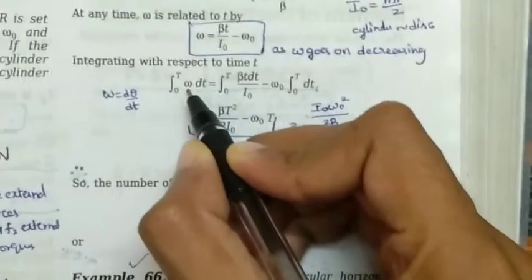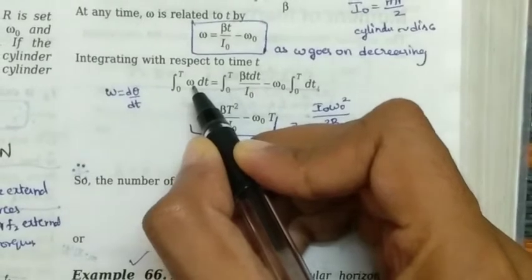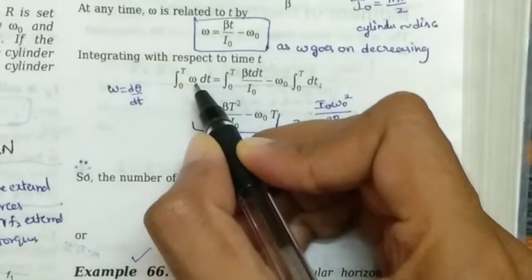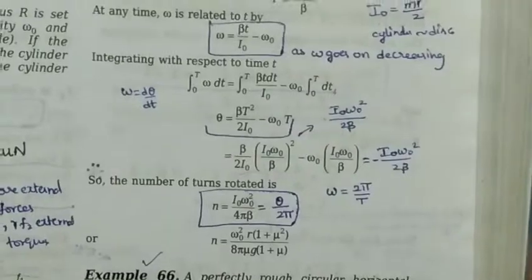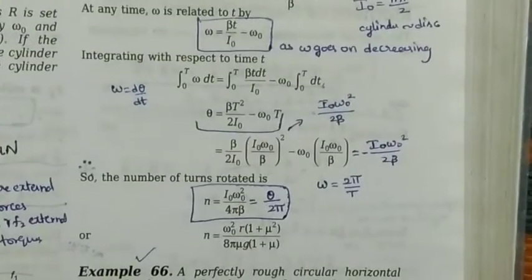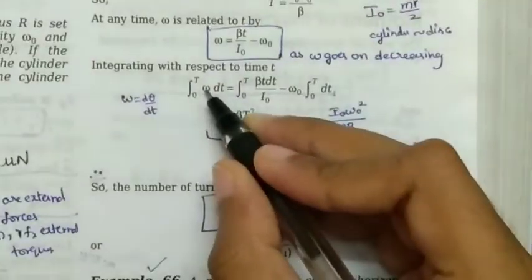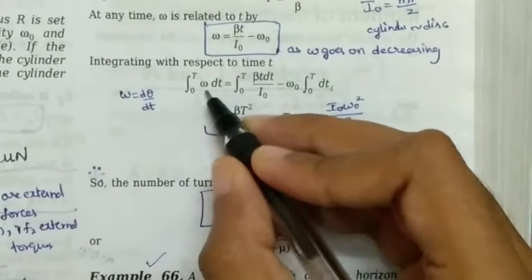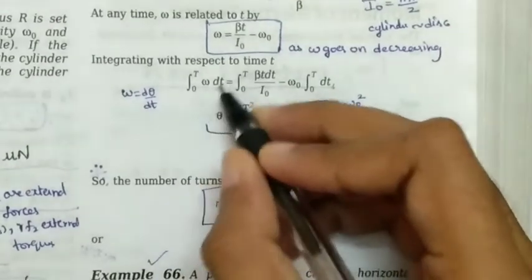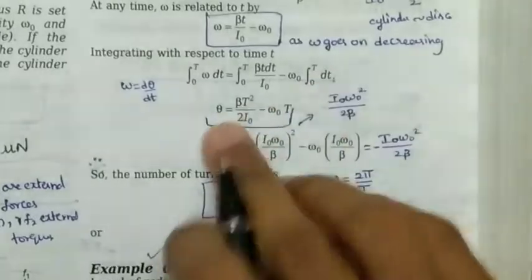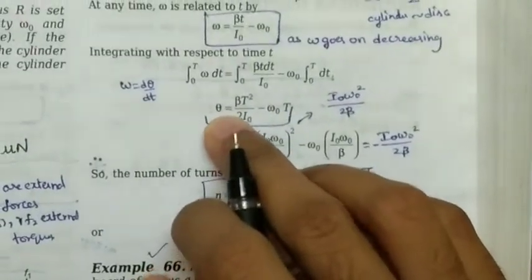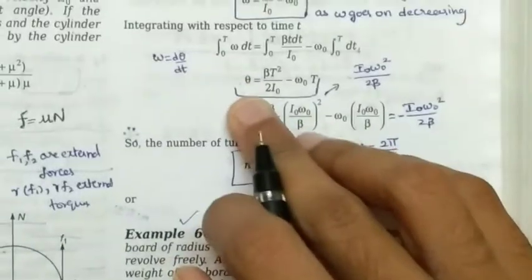Here if we observe, omega is nothing but d theta by dt, that is angular velocity, how much angle it has covered in a given time. So dt would get cancelled, so we would have d theta. Integration of d theta is nothing but theta, from 0 to theta.